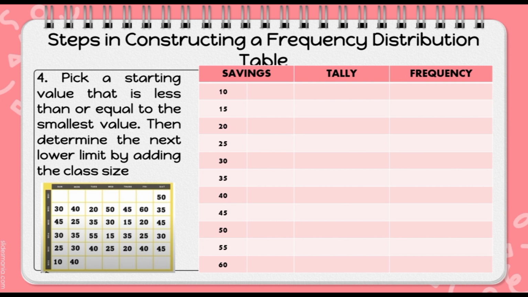So 15 plus 5, we have 20. 20 plus 5, we have 25. 25 plus 5, we have 30. So on and so forth. You have to continue adding 5 until we reach 60, which is our highest value. So 10, 15, 20 to 60. This part is what we call the lower limit.